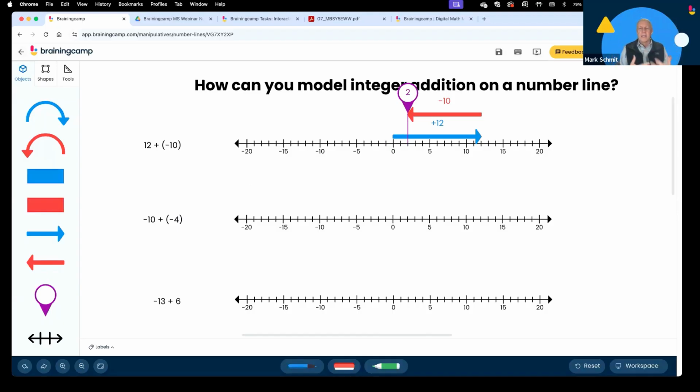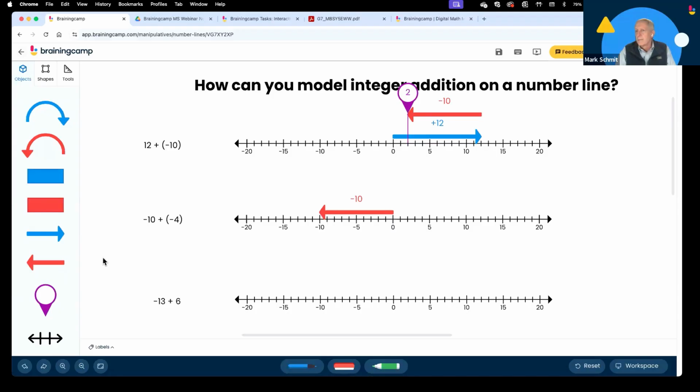What do we call that distance from 0? Think about the process of adding integers. Yeah, that length represents the absolute value. So we can now start to make that connection to the process that we have for adding integers.